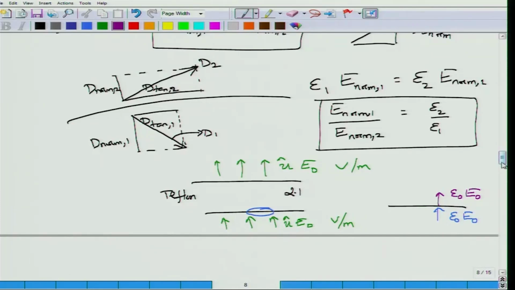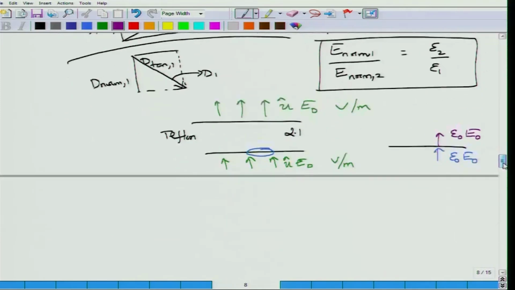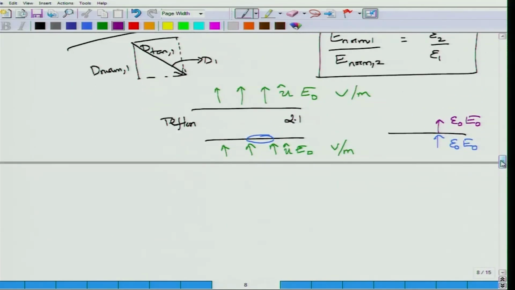What would be the tangential component? Unfortunately there is no tangential component, it is only the normal D component that I have, right. So epsilon 0 E0 is the normal component of the D field outside, that must also be equal to the normal component of the D field inside the medium. So this is D in and this is D out, both being normal, they would be equal to each other.